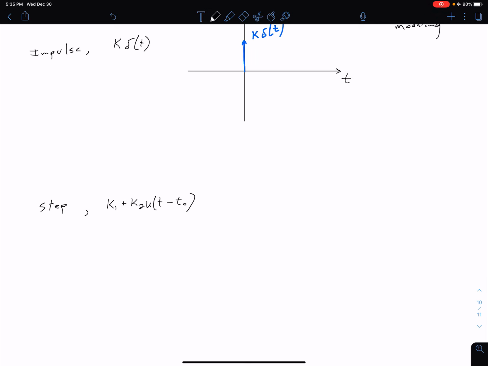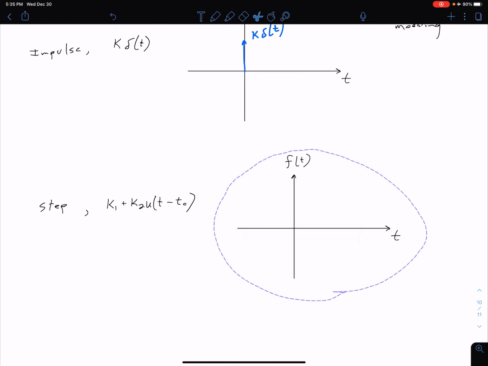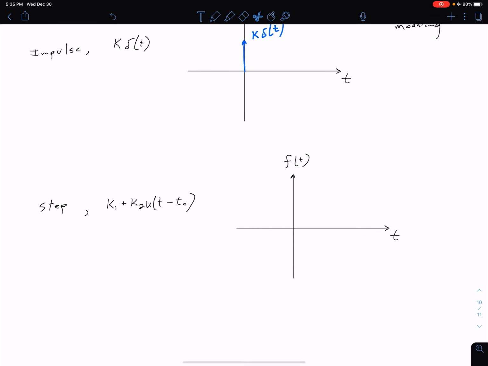Now, what that's going to look like if we plot it, so let's come down here and plot this. Of interest is going to be our point t naught here, so that's how much we're shifting by. Of course, we're going to be interested in levels k1 and k2.